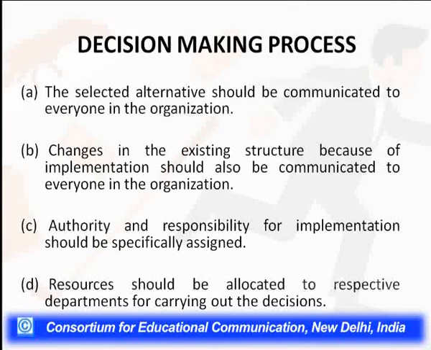Now, coming on to the things which you have to take into consideration as far as the implementation of the process is concerned. The first thing which you have to keep in mind is that when you select the alternative in the decision making process, it should be communicated to each and every one in the organization that we are in the process of accepting and implementing this.